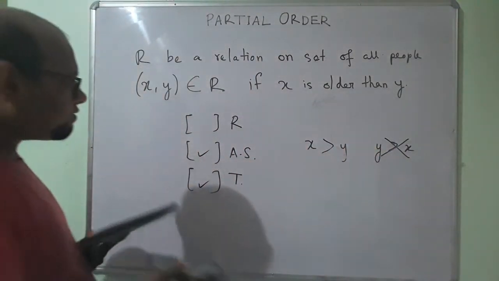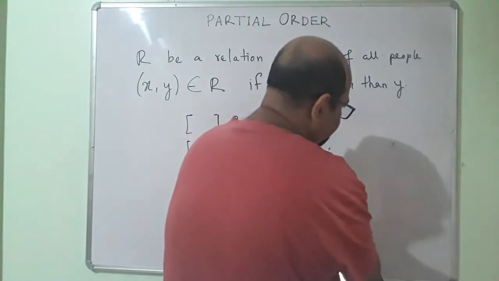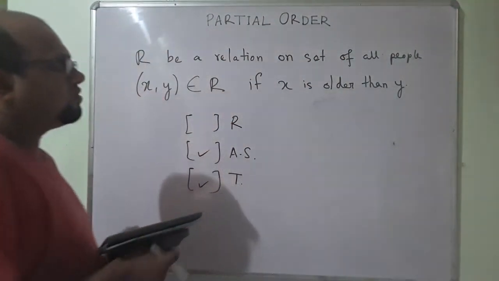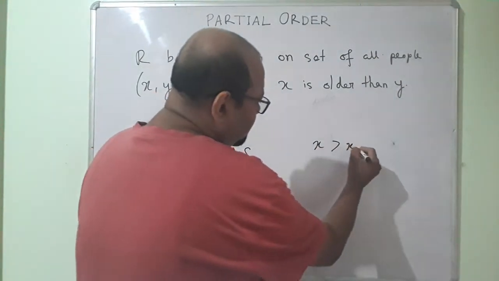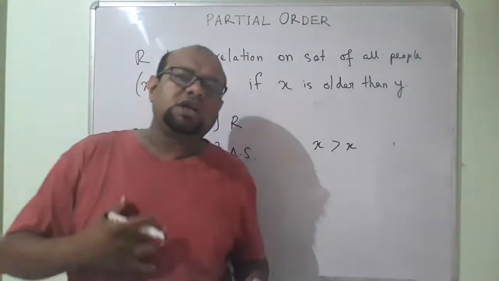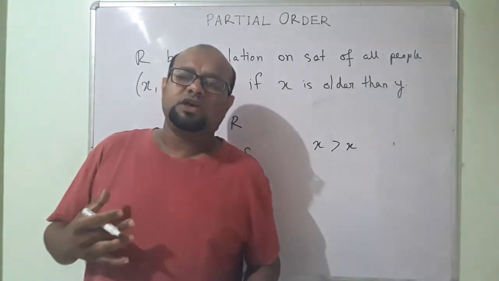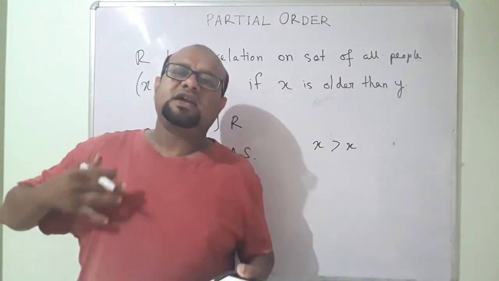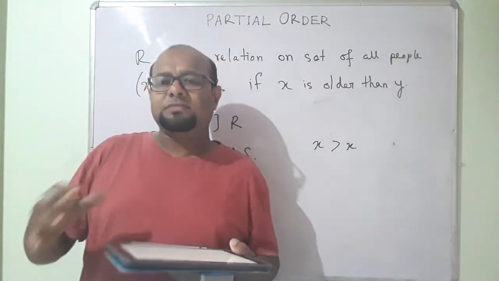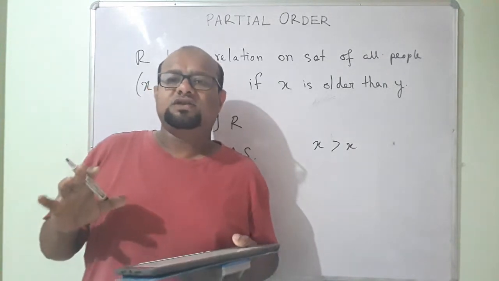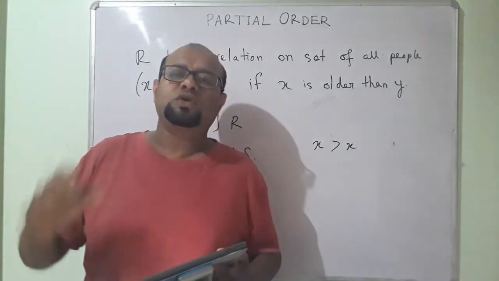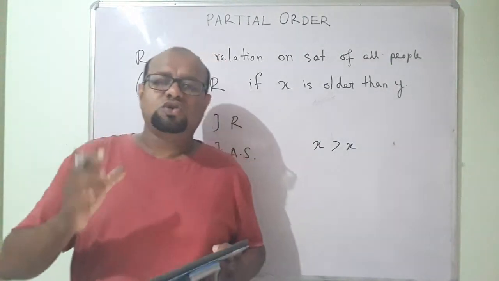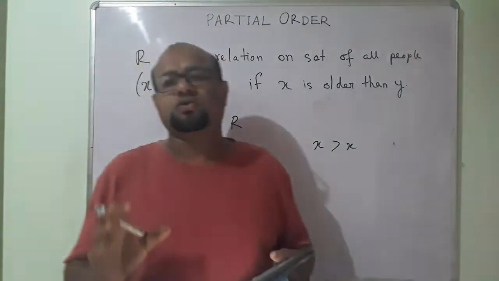Now, is it reflexive? Is it possible that I am older than myself? Can my age be greater than my age? Can one be greater than one? Think about it. It is not possible. So a person cannot be older than himself, right? So (x, x) will not belong to the relation.